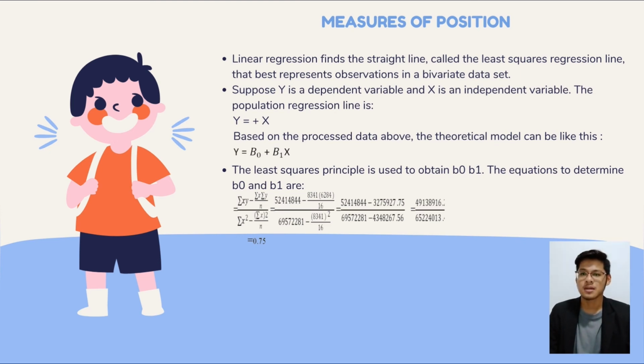The population regression line is y equals b0 plus b1 x. The least squares principle is to obtain b0 and b1.